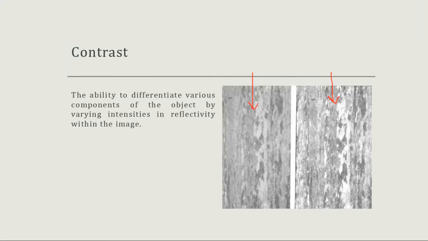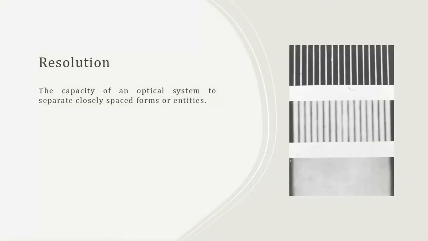And then you have the resolution as seen here. So like I said, this is probably the most important of the three, because when you're looking at this top image, you can easily differentiate and measure the distances between these lines. Whereas when you look at this center image, it's fuzzy.